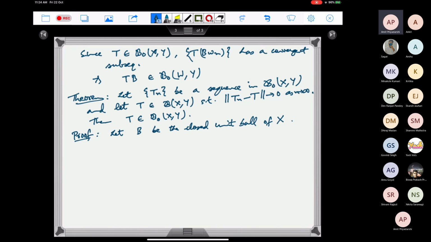So to show that T is compact, it is enough to show that T of B is totally bounded.